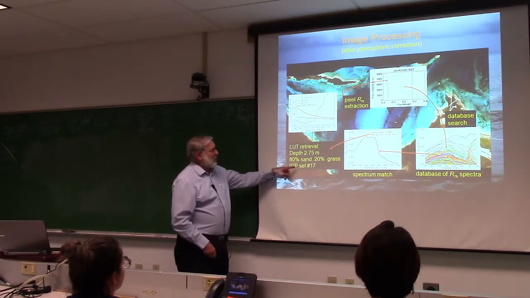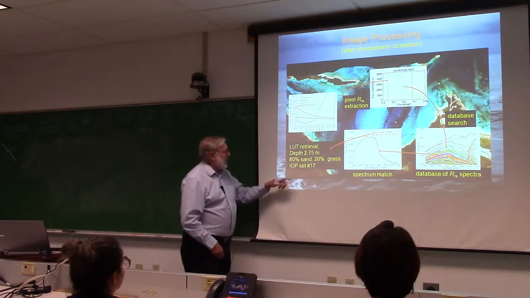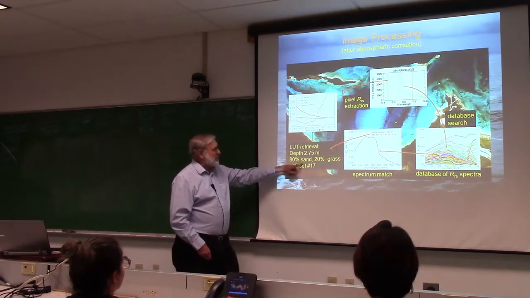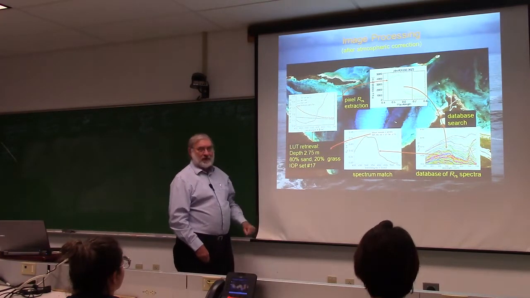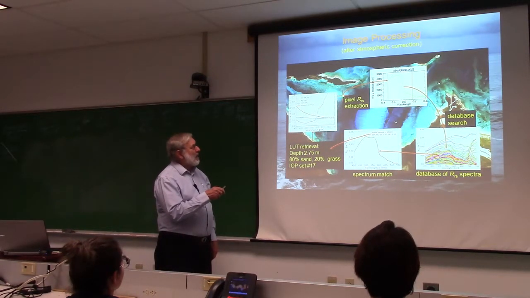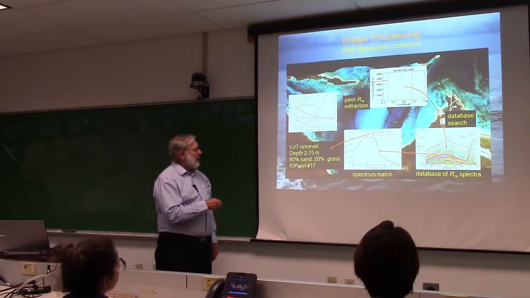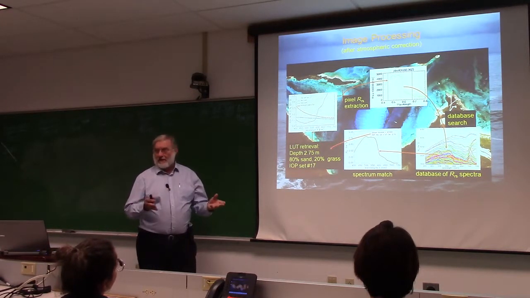And bottom reflectance number 34 was a mixture of 80% sand and 20% seagrass, and the depth was 2.75 meters. So now I say, at this point, these are the IOPs. The bottom was a mixture of sand with a little bit of seagrass thrown in, and 2 3/4 meters deep. So that's how I do my retrieval.